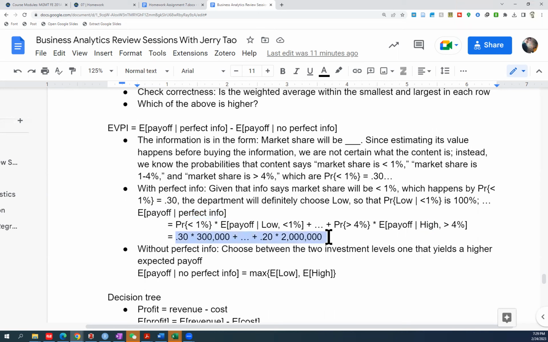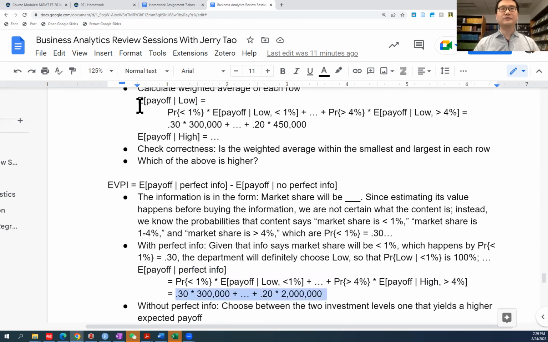So we have another version of weighted average, but note that compared to the situation without information, what's being weighted is different. The weights are still the same because we don't know exactly what's inside of the sealed information packet.